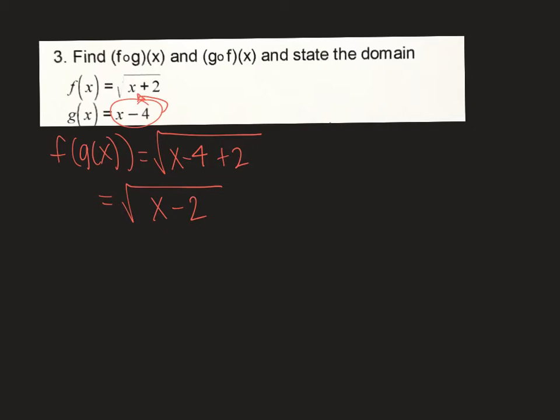And when we look at finding the domain, we can't have a negative value in our square root. So we need to know what's going to make that 0. So x minus 2 equals 0 is going to make x equal 2 if we solve that. So we want any value greater than or equal to 2 for that domain.